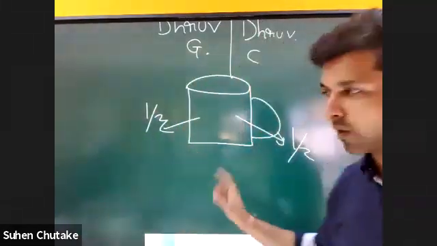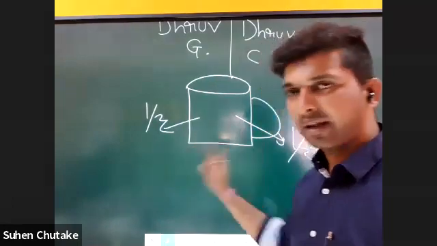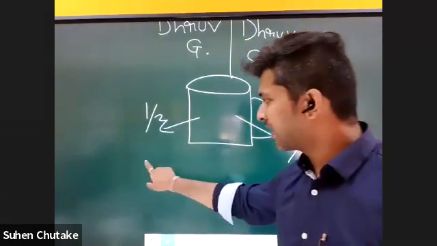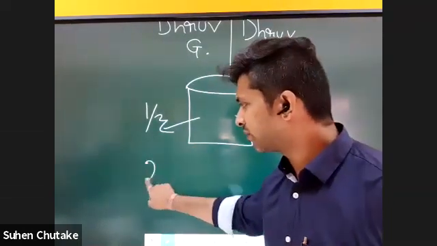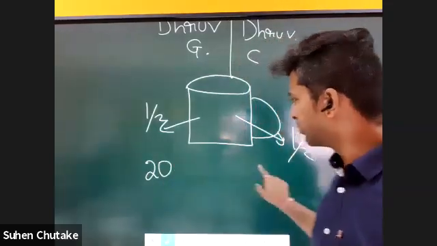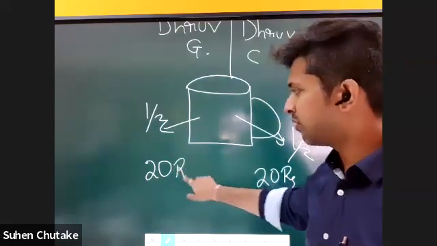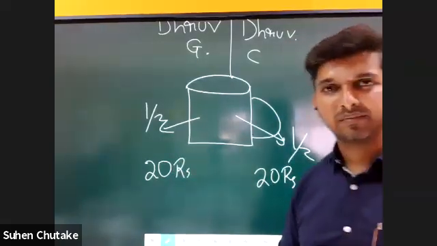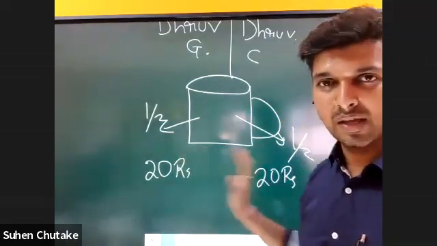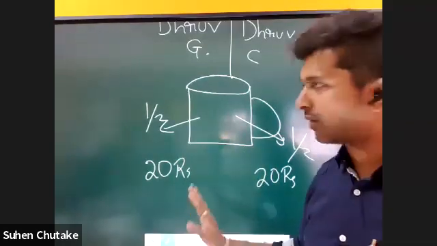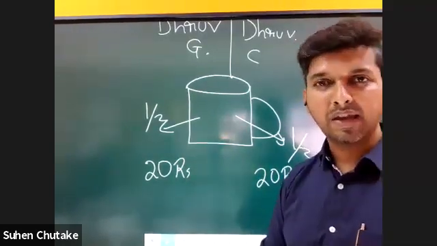Both are drinking 50-50 and both are paying 50%. Say the coffee is 40 rupees, so each pays 20 rupees. So by now you have understood that the bond formed here is a covalent bond. They're sharing the coffee equally, and the money equally as well.